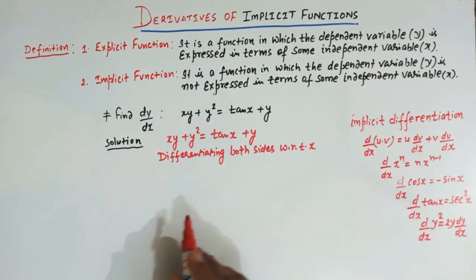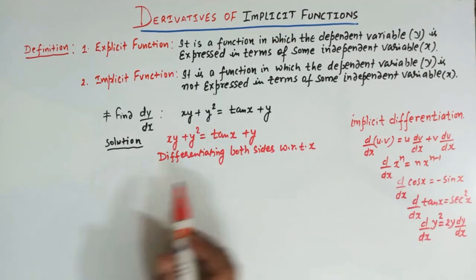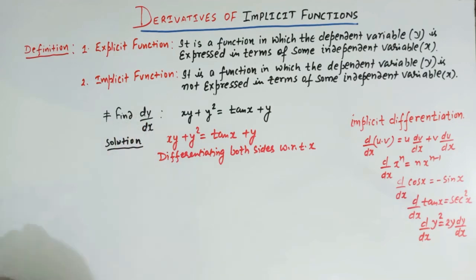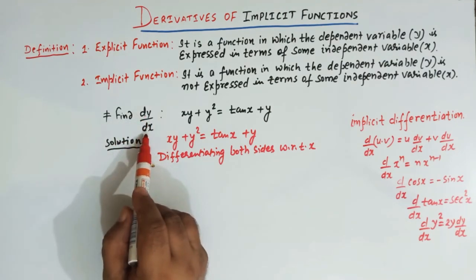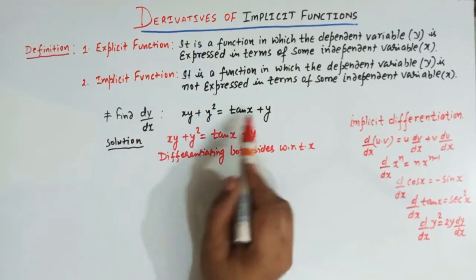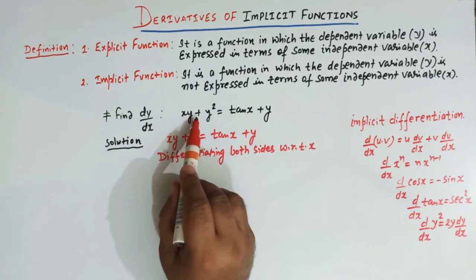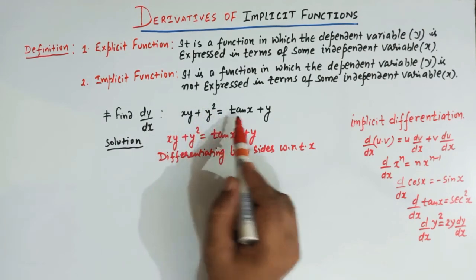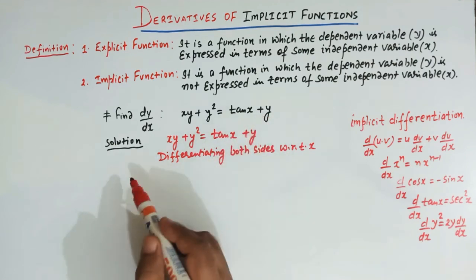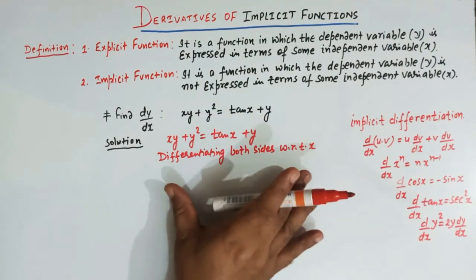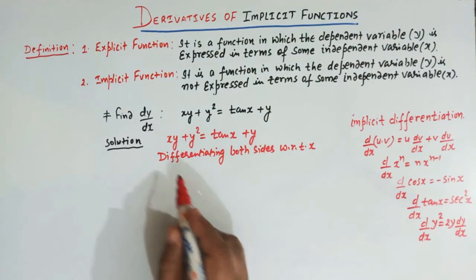Now let us consider one more problem. Here we have to find dy over dx for this expression, that is xy plus y square equal to tan x plus y. So again we'll differentiate both sides with respect to x.